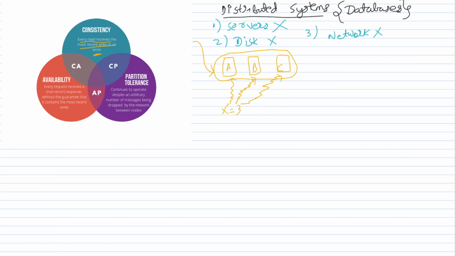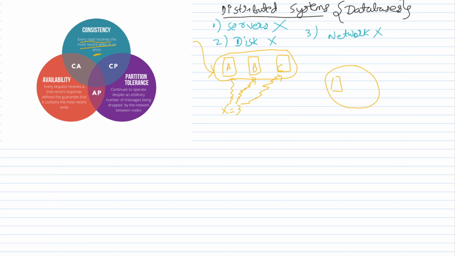Hope that clarifies. Now, what is availability? Availability means that whatever request you place to a non-failing node, you will get a response. Let us talk about the system as a black box, because the user is not able to see the nodes within the system.